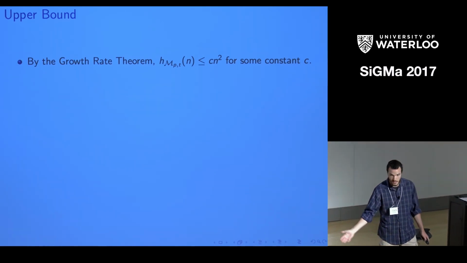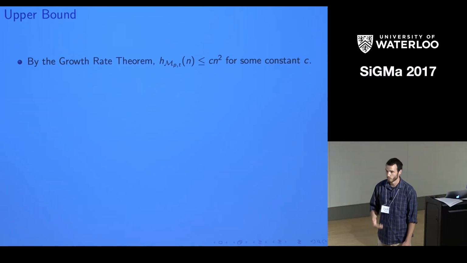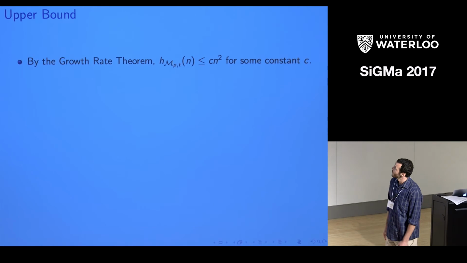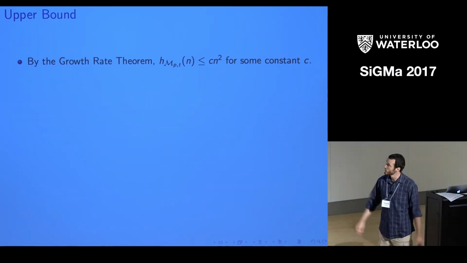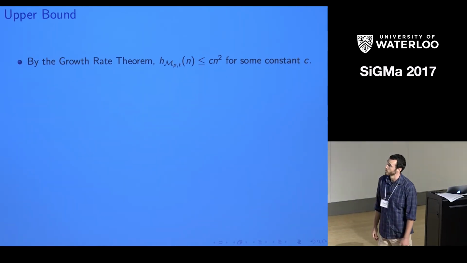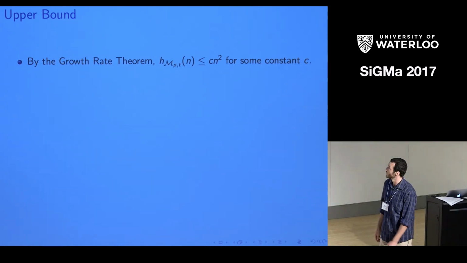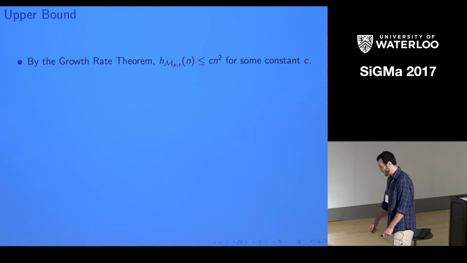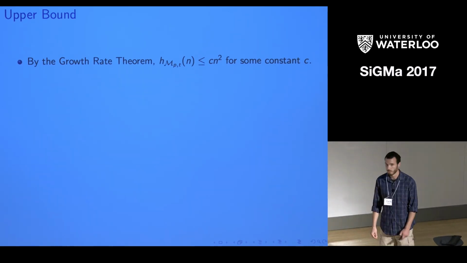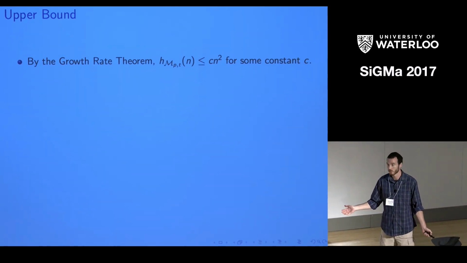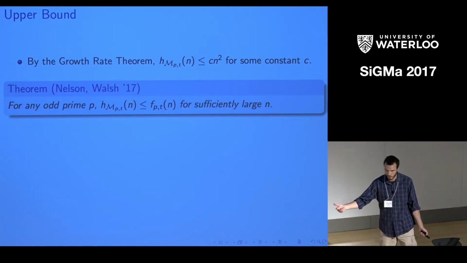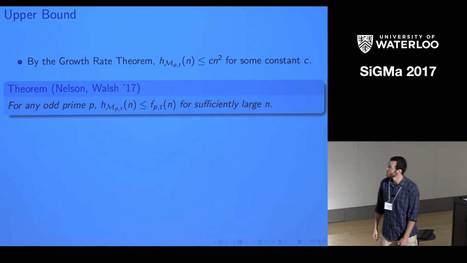Just immediately by the growth rate theorem, since we're working over a prime field and we have a proper subclass of matroids, we have a quadratic upper bound. So there's some constant c such that c times n squared is an upper bound on our growth rate function. So that means that our lower bound is asymptotically correct. It's quadratic. But it turns out that our lower bound is also an upper bound for sufficiently large ranks.